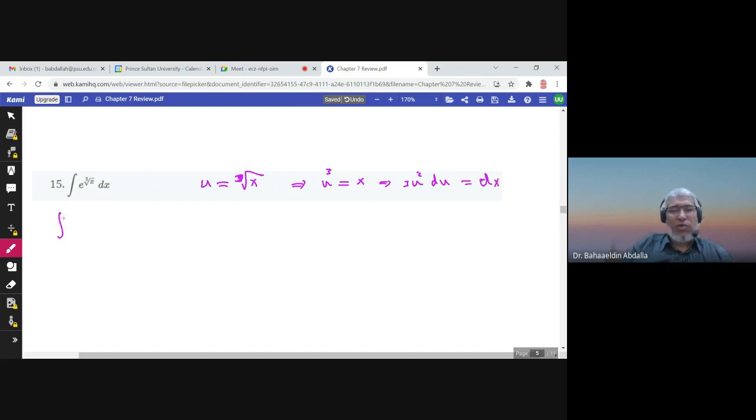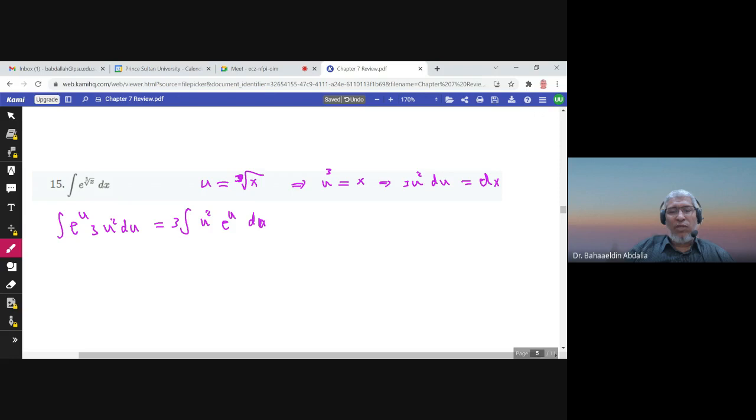So this integral would be integral of e, and cube root of x is u, and dx is 3u squared du. So I changed the integral from x to u, and I have u squared times e to the u.